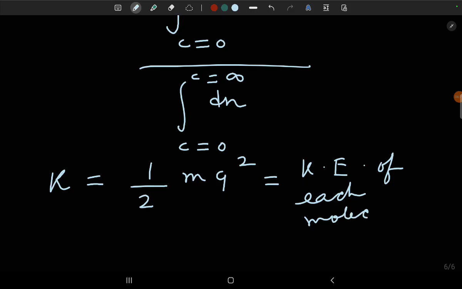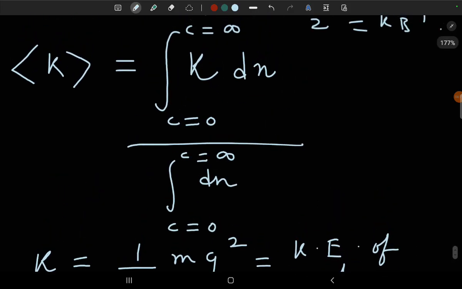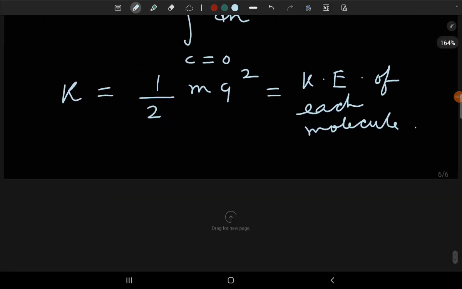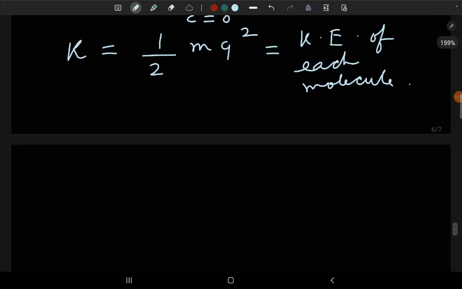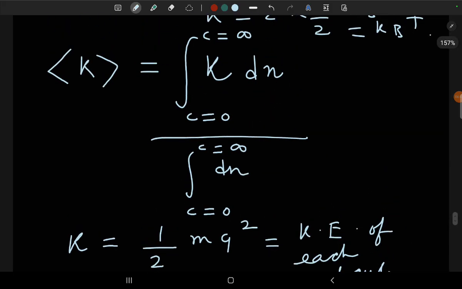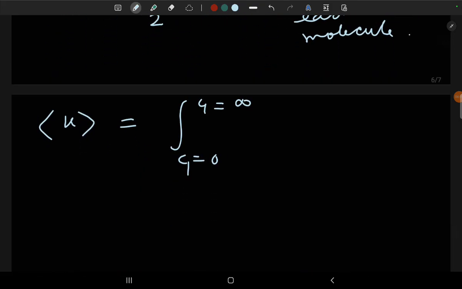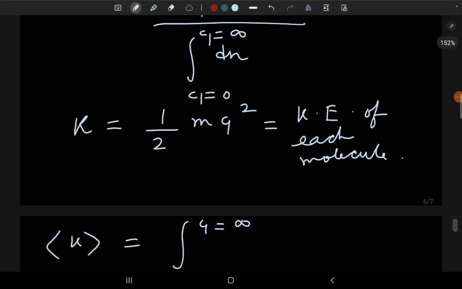So we have to average this kinetic energy using the formula given above. So we have the average kinetic energy, with c1 going from 0 to infinity, and we have K.